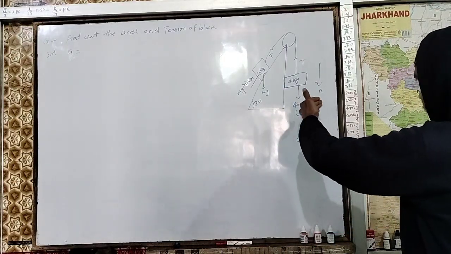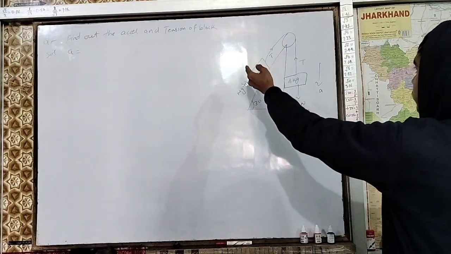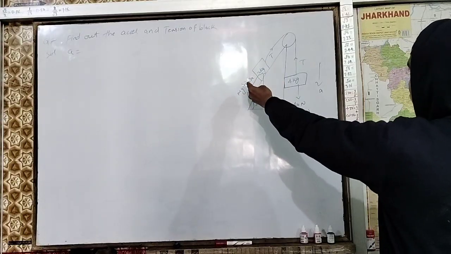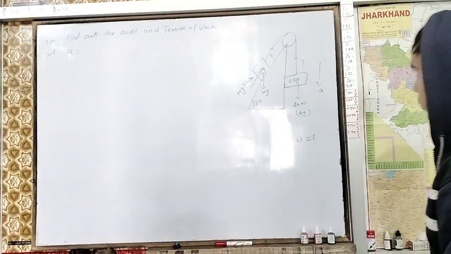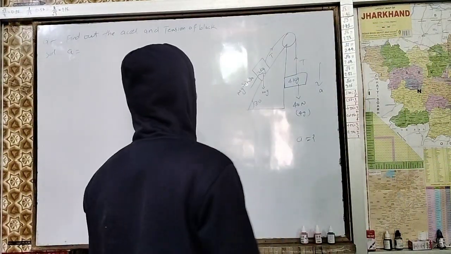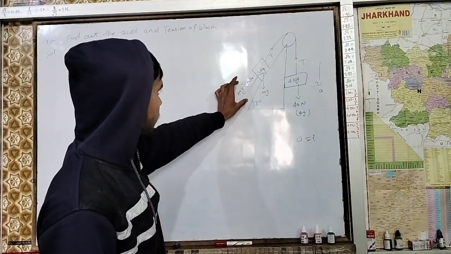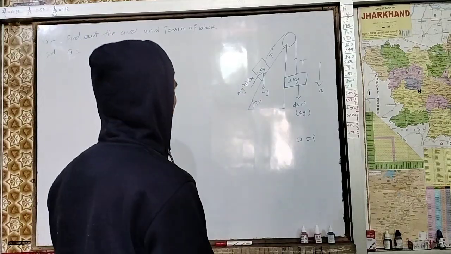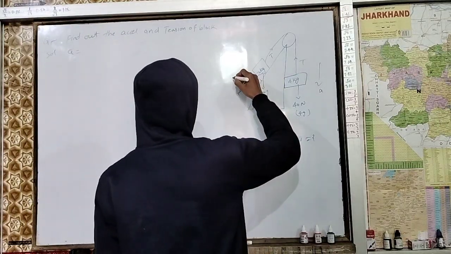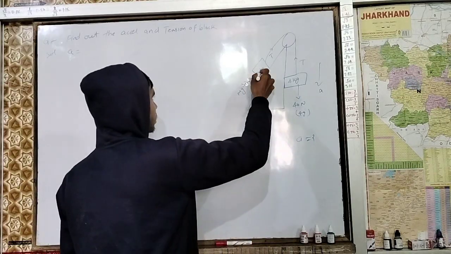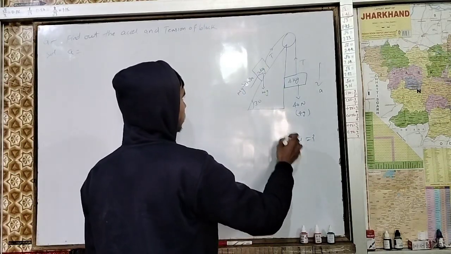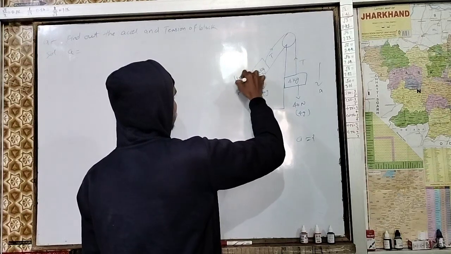This 40 minus this much. mg sin 30 will be how much here? m is 2, 20 multiplied by half, so 10 Newton.